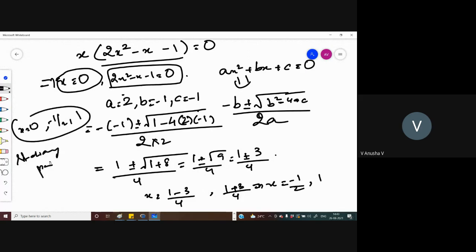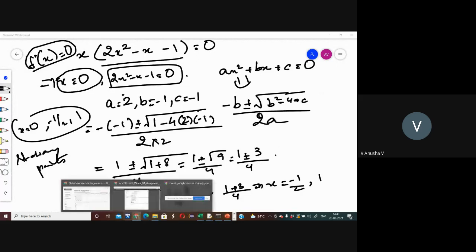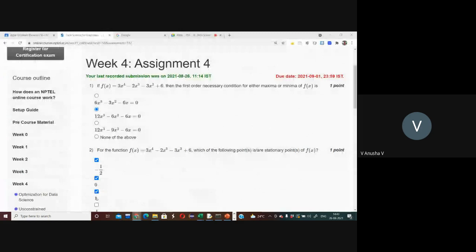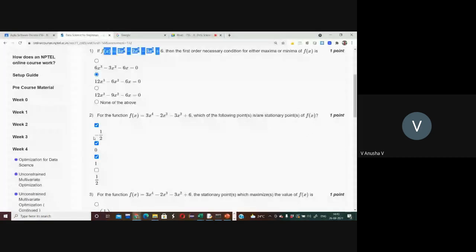In this way, you can find the stationary points by finding the first derivative and equating it to 0. Now, the other way is that you can first calculate the derivative of this f of x and substitute these values. These are 4 options, and for any of these 4 options for which you are getting f dash of x equals to 0, I can say those points will be considered as stationary points.